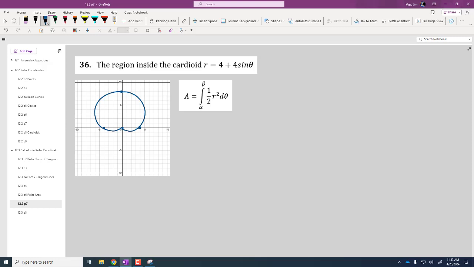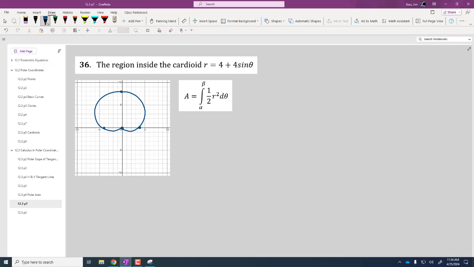Now in Calc 1, you're always told to avoid cusps. And in Calc 2, that's usually the best thing to do, to avoid the cusp. Many times with cardioids, you can integrate straight through the cusp and it just doesn't matter. But to be safe, it's better to just avoid the cusps.